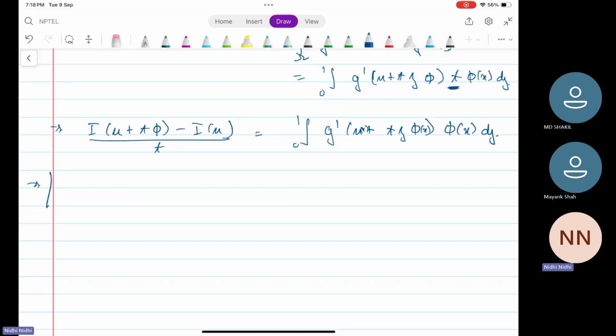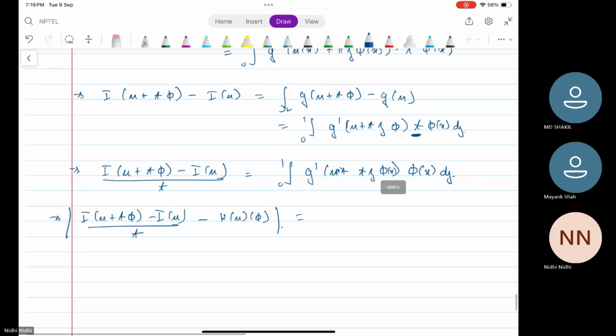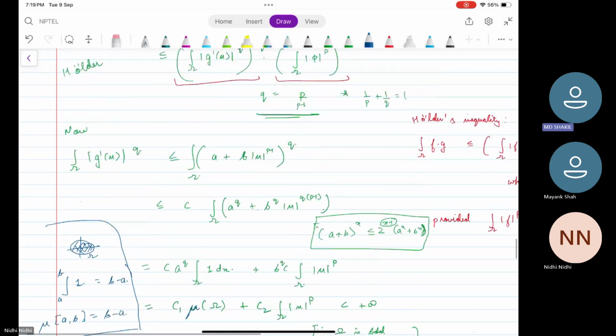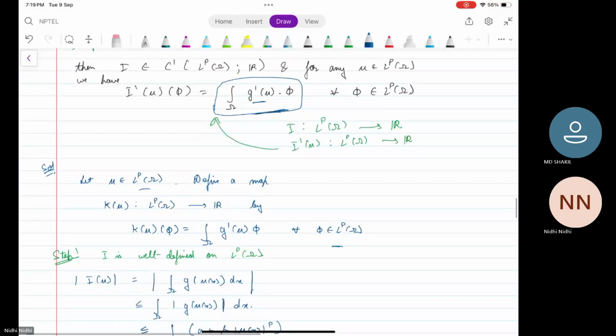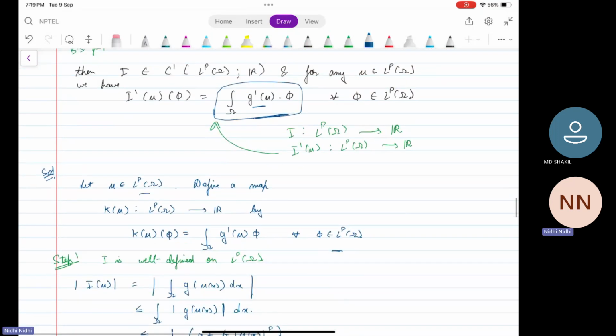And this implies the modulus of (I(u + tφ) minus I(u))/t minus K(u)φ. Is this simple multiplication or dot product? Simple multiplication, because g is a function from R to R. Yeah, g is from R to R, so it's a simple derivative.